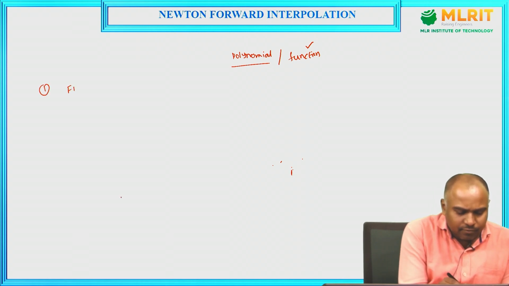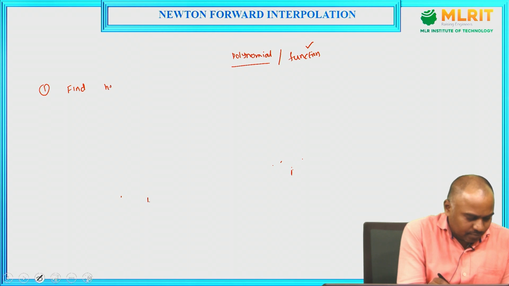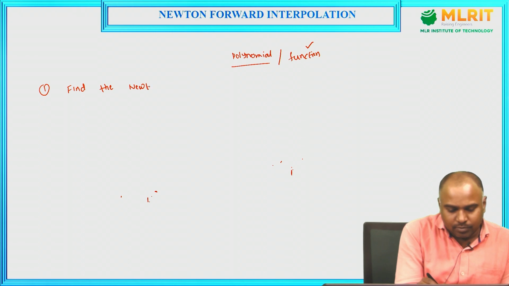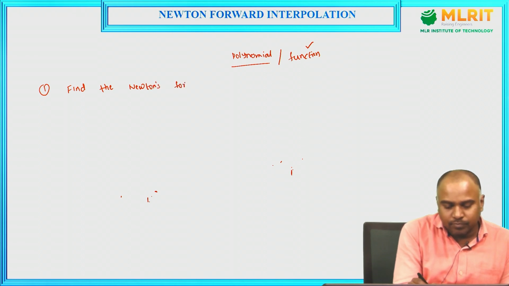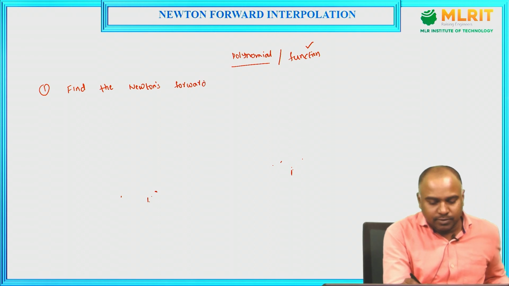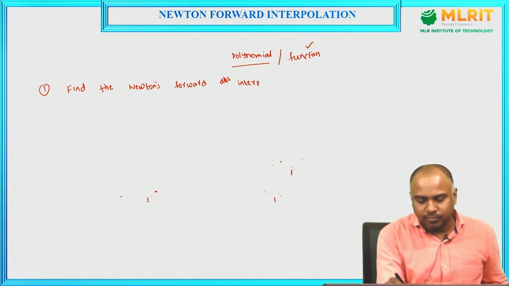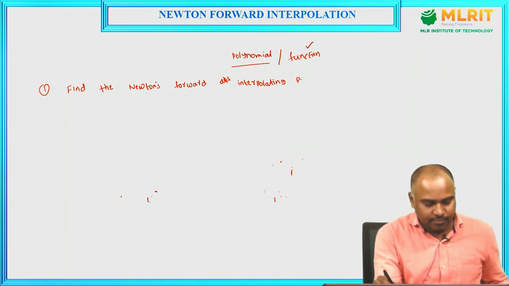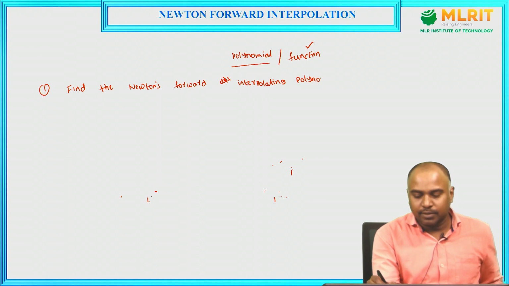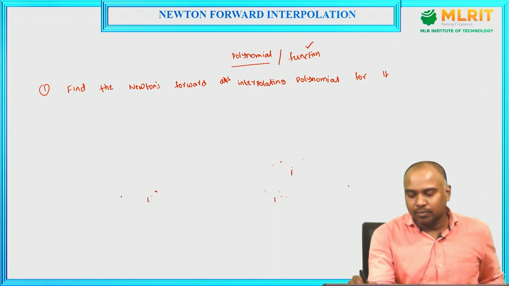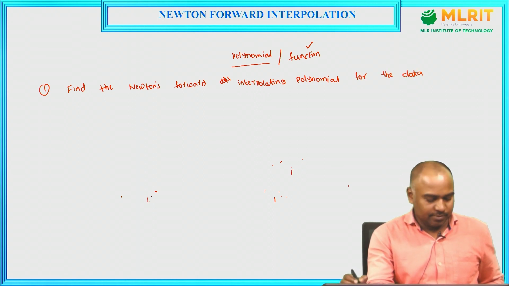So see the question: find the Newton's forward difference interpolating polynomial for the provided data.